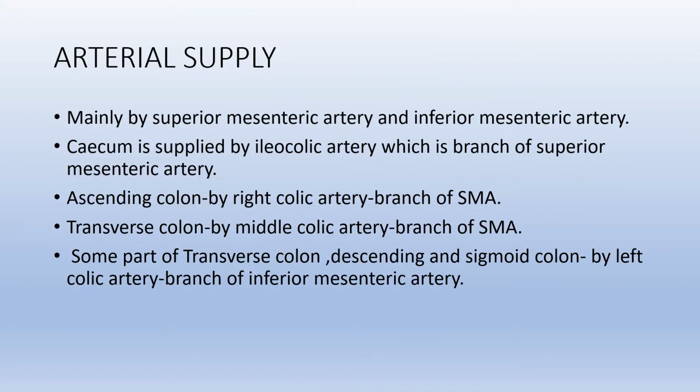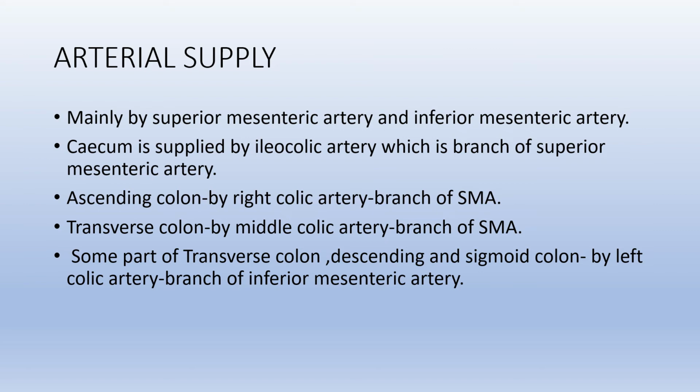Now arterial supply. It is supplied mainly by superior mesenteric artery and inferior mesenteric artery. Cecum is supplied by ileocolic artery, which is a branch of superior mesenteric artery. Ascending colon is supplied by right colic artery, which is a branch of superior mesenteric artery.